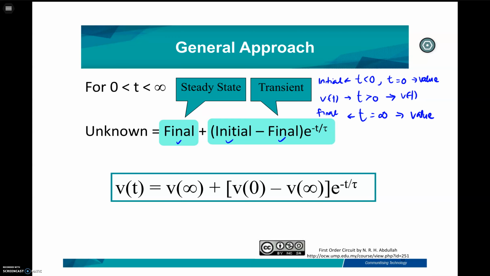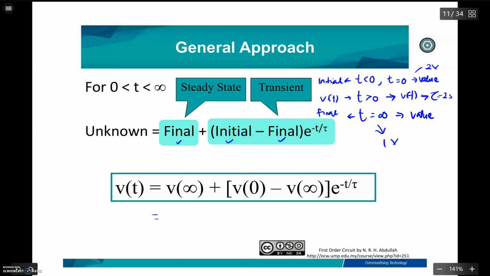For example, when t is equal to 0, you get 2 volts. And when t is infinity, you get 1 volt, for example. And for t more than 0, you get the tau, for example, 2 seconds. Okay, then you substitute the information into this equation, which is V(t) is equal to V infinity plus V naught minus V infinity, exponent minus t over tau.